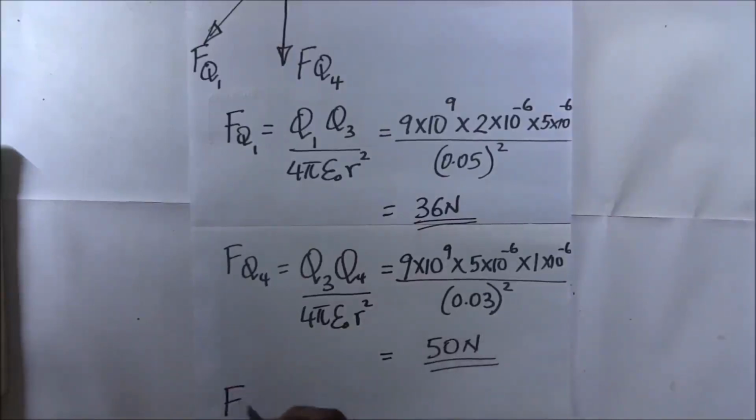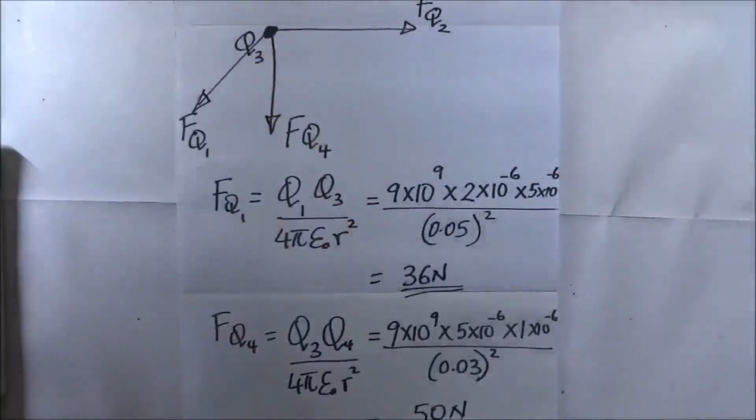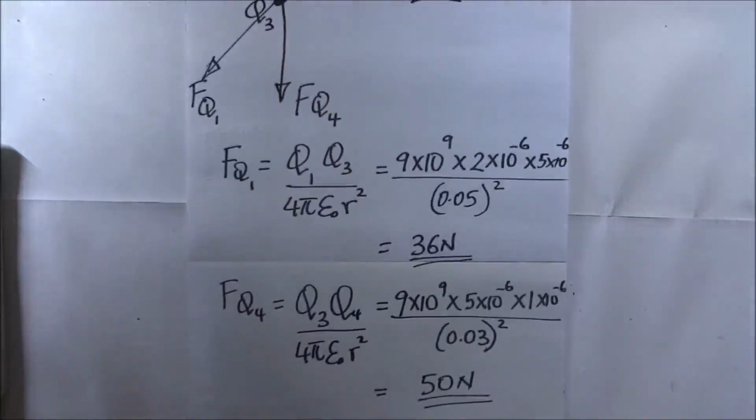So we find the final force that is acting on Q3 due to Q2. That's going to be Q3 Q2, divided by 4 pi epsilon naught r squared.